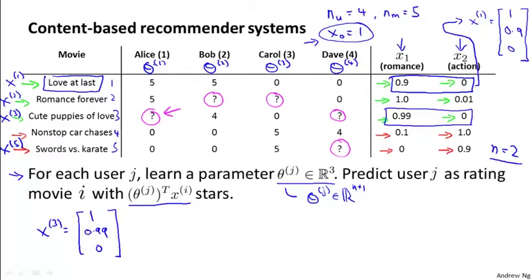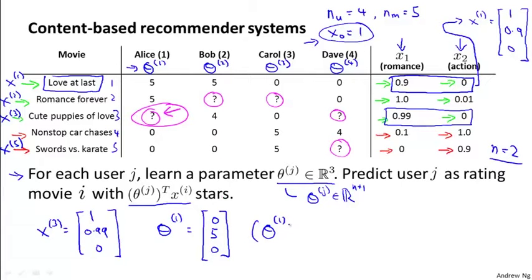And let's say for this example, that we've somehow already gotten a parameter vector theta 1 for Alice. We'll say later exactly how we come up with this parameter vector. But let's just say for now that some unspecified learning algorithm has learned the parameter vector theta 1, and it is equal to 0, 5, 0. So our prediction for this entry is going to be equal to theta 1, that is Alice's parameter vector, transpose x3, that is the feature vector for the Cute Puppies of Love movie number 3.